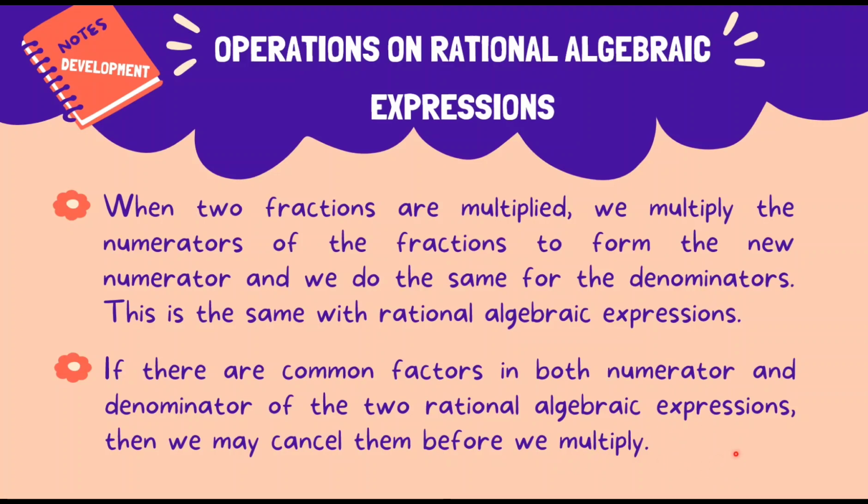So to make multiplying easier for you, you may cancel the common factors in our numerator and in our denominator. And after that, you may proceed to multiplying the rational algebraic expressions.